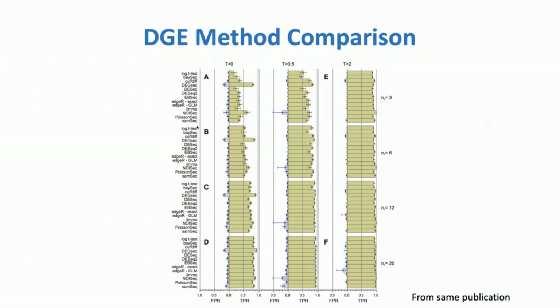And the good news is that this is generally quite low. But what we see is that if we have only 3 replicates per group, this first block on the top, we lose a lot of true positives. A lot of genes that are differentially expressed, we can't really detect with 3 replicates.